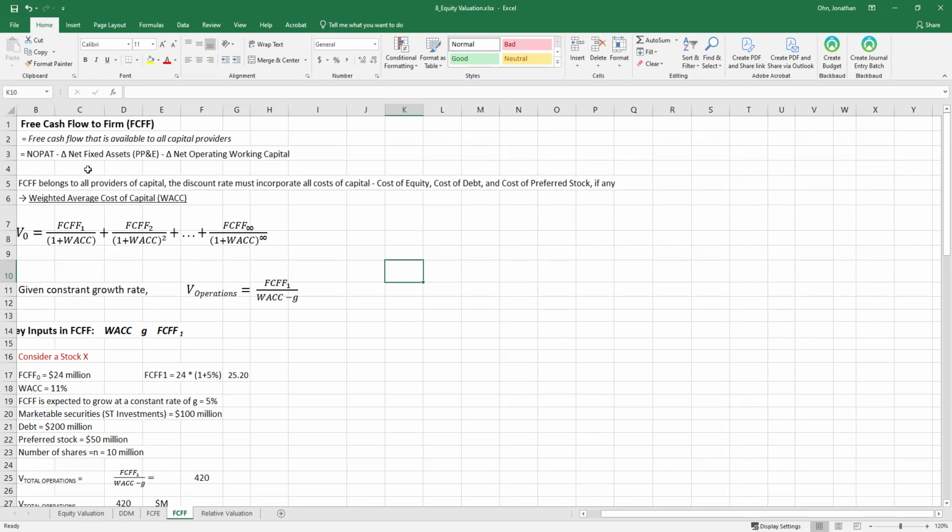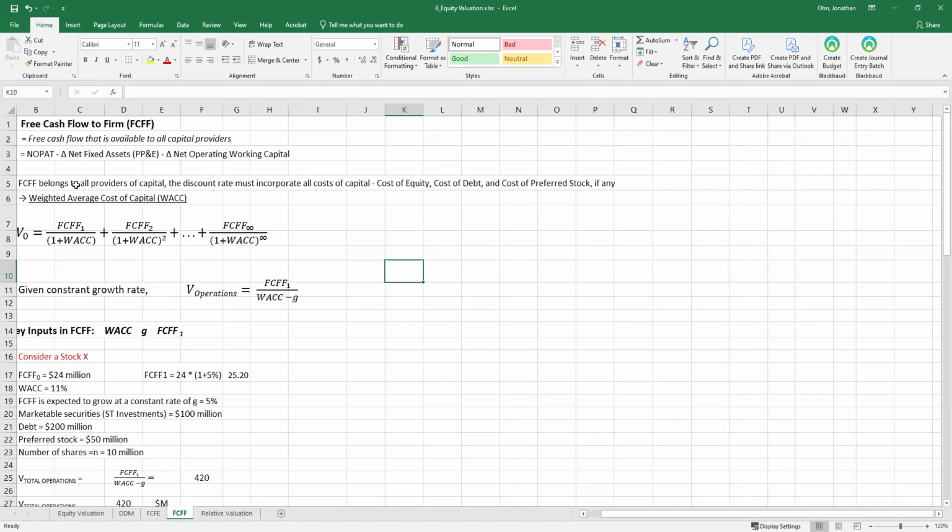If you combine these two, it is called net reinvestment in our assets.